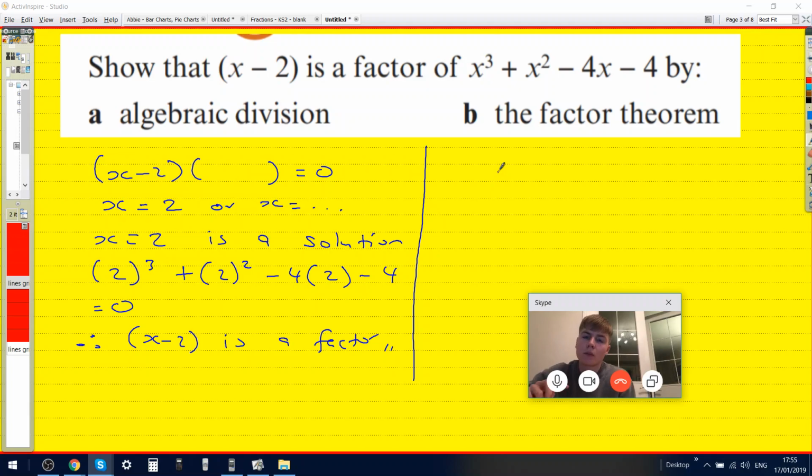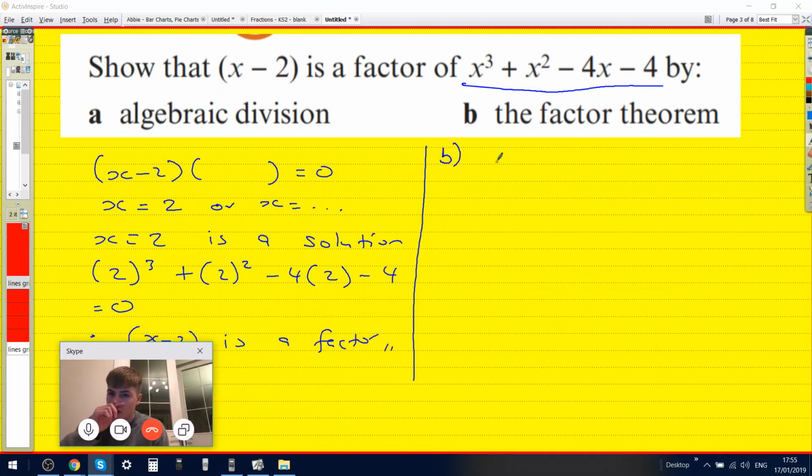So if you had to factorize this, how would you go about it?